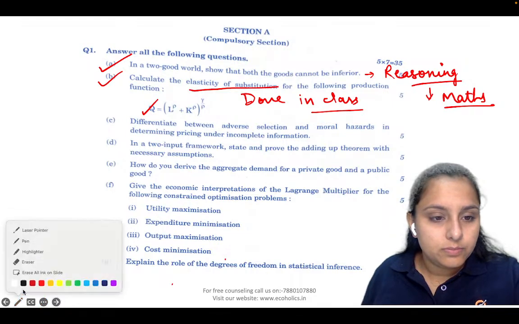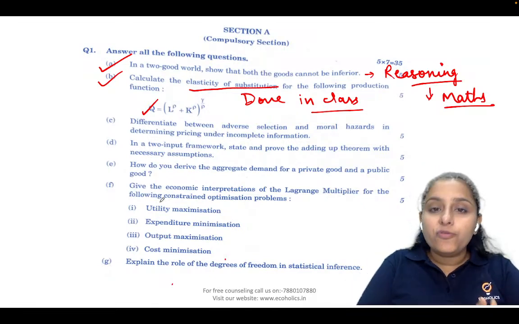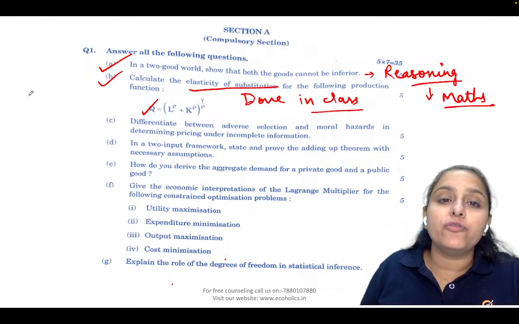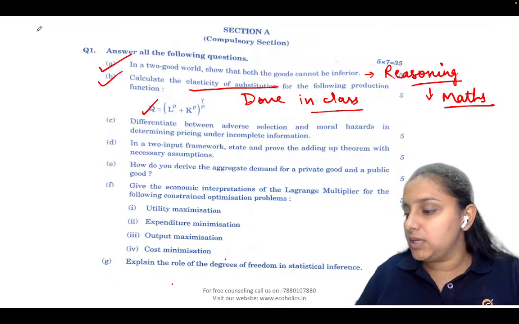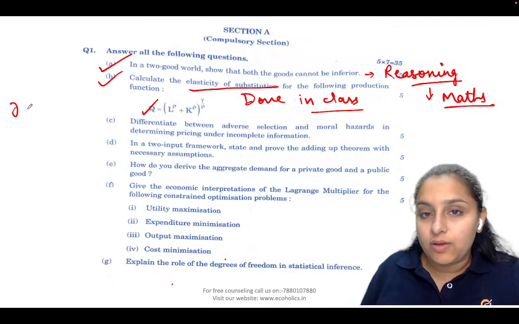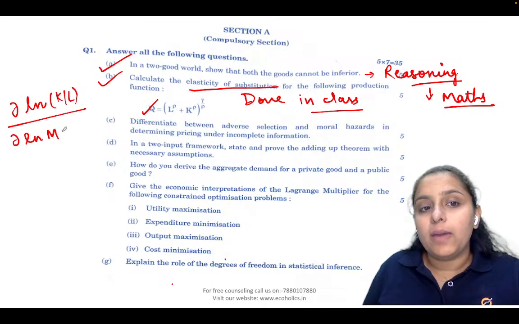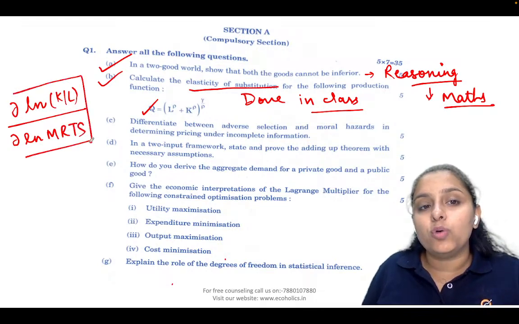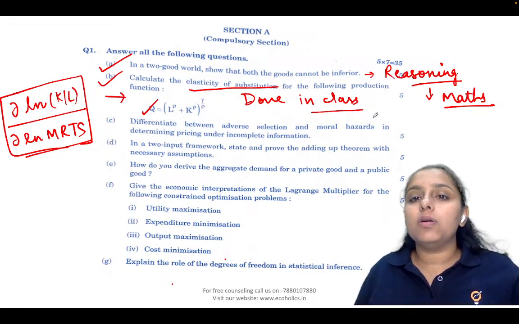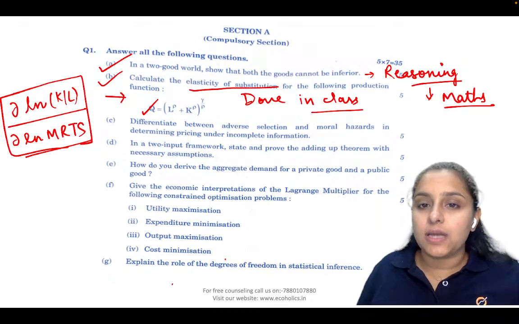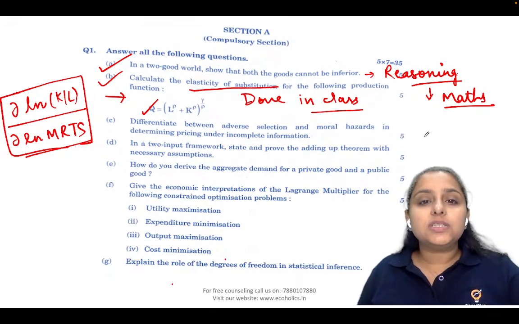So now you just needed this small formula while solving for the elasticity of substitution: the partial derivative of log K by L with respect to log MRTS. This is the simple formula you were required to solve this entire question, and this would have been done in just 5 to 6 steps. If you have practiced such kinds of questions, in 5 to 6 steps only, this question was doable.